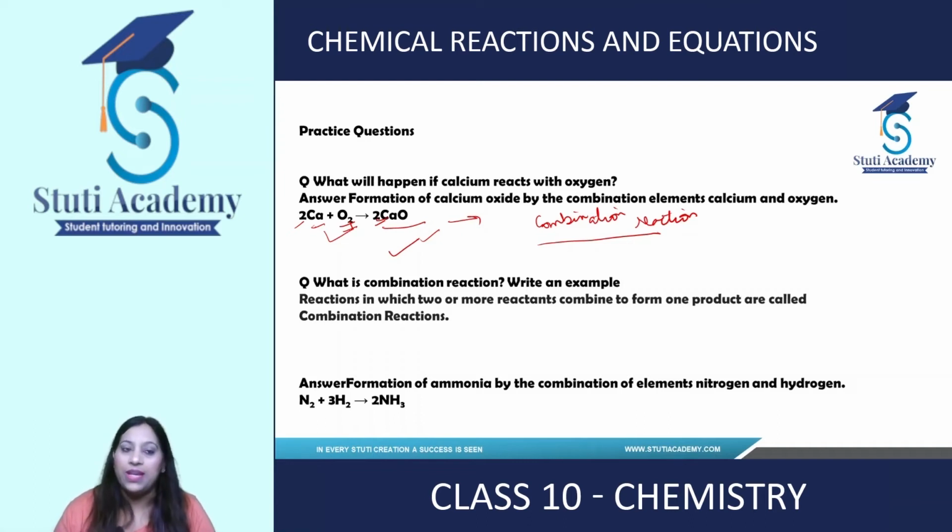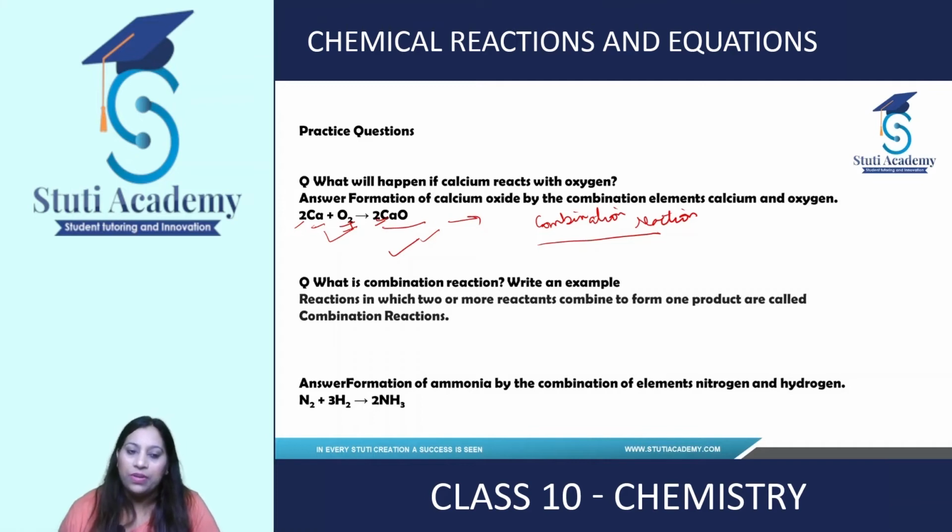And the next question is, in the exam they might ask what is a combination reaction, write an example. So in this you have to write the definition of combination reaction, which is: reactions in which two or more reactants combine together to form one product are called combination reactions.